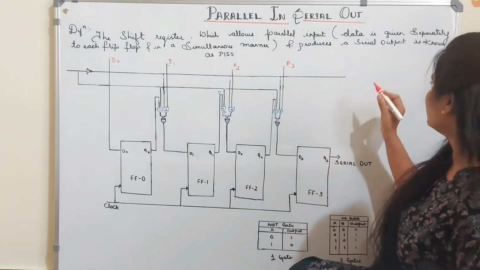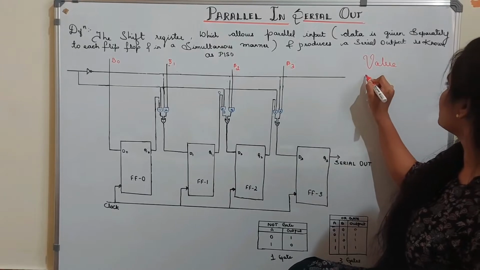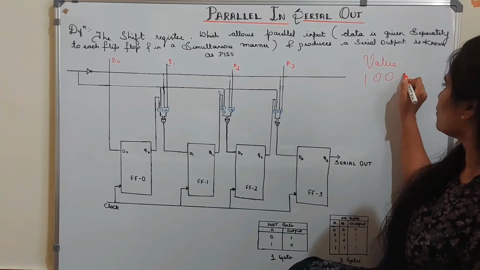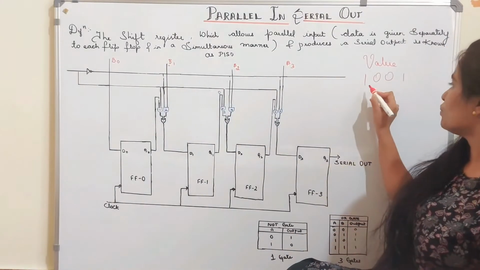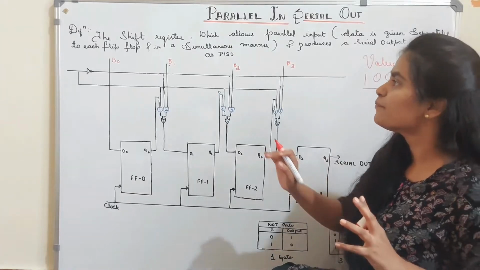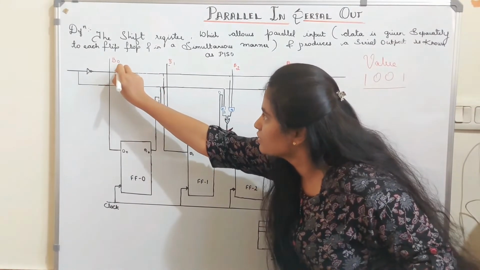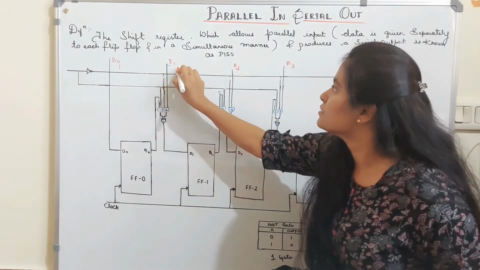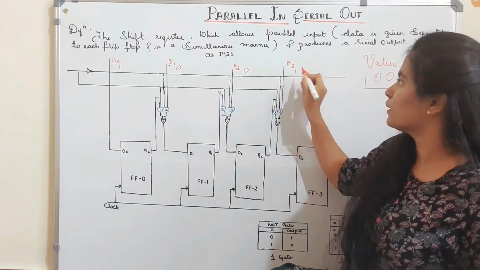Consider some random value. The value I'm considering is 1001. Here, the data bit is being given in the parallel format, so I'm giving the value as 1, 0, 0, 1.